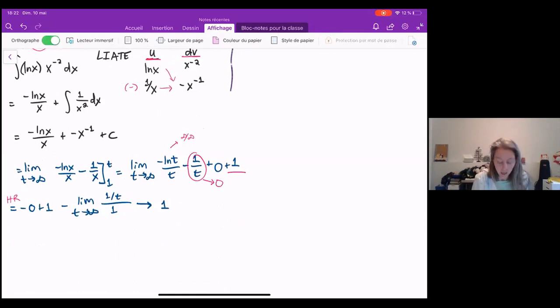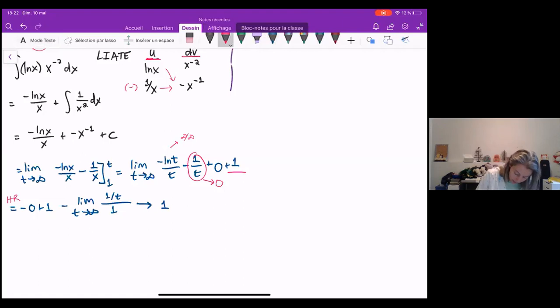So then that thing right there is going to 0. So we had that 1 left over. Or ln t grows more slowly than t. So the integral converges, which means that the series converges.